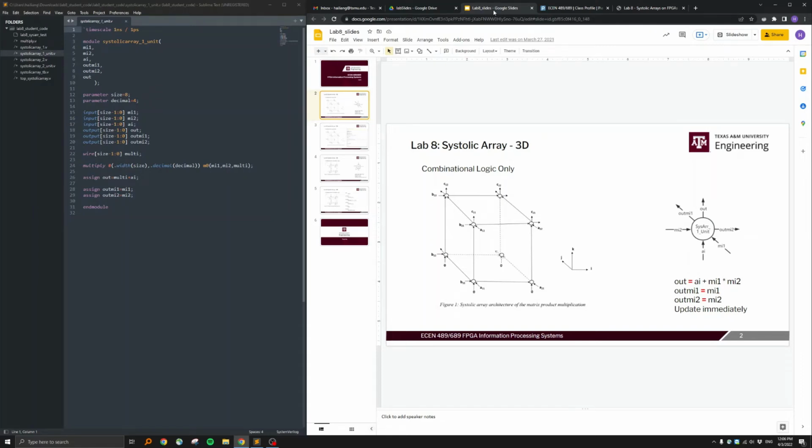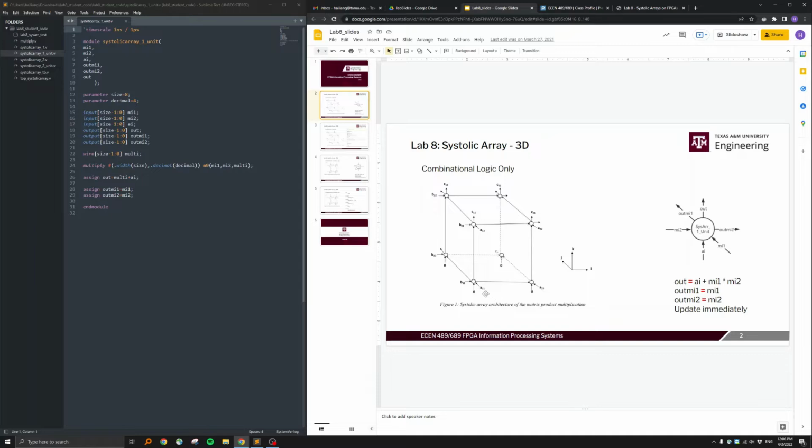So imagine we want to have a 2x2 matrix multiplication, which is A times B. For A and B, we have 4 entries of them.